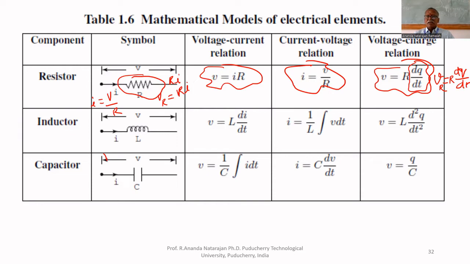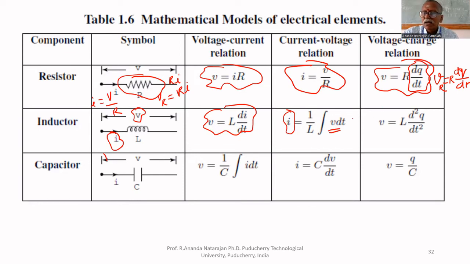If it is an inductor, what is the voltage across the inductor? L di by dt. The current through the inductor is I. Voltage across the inductor is V. In that case, V equal to L di by dt. What is current through the inductor? 1 upon L, integral of V dt. We have to integrate the voltage.